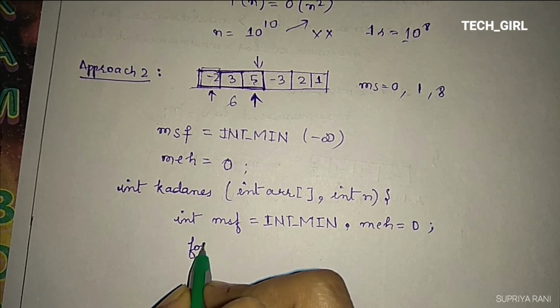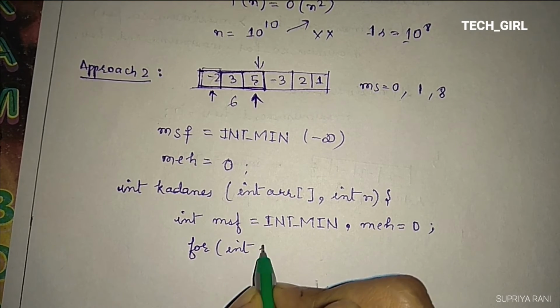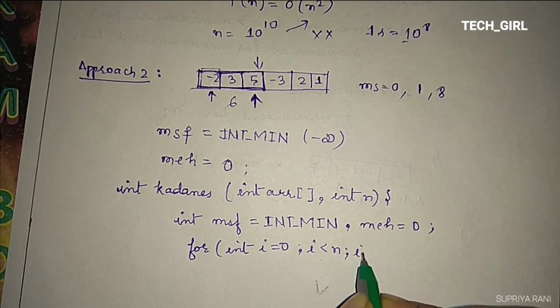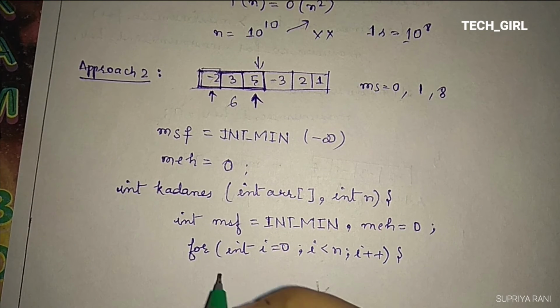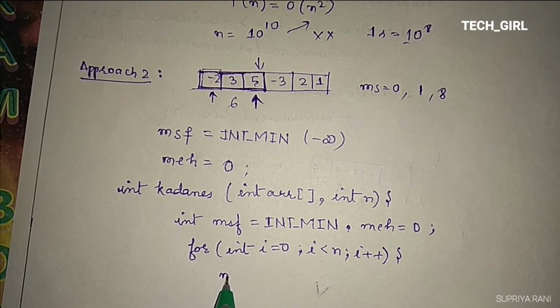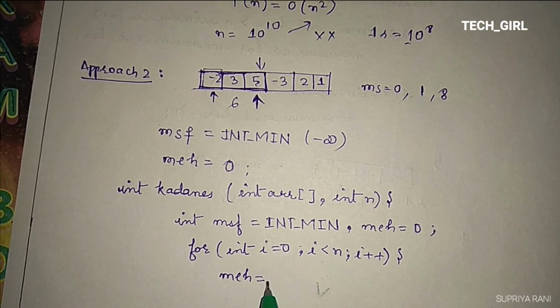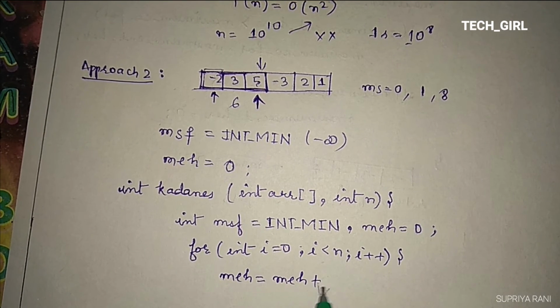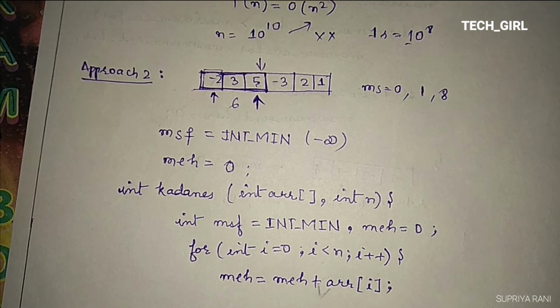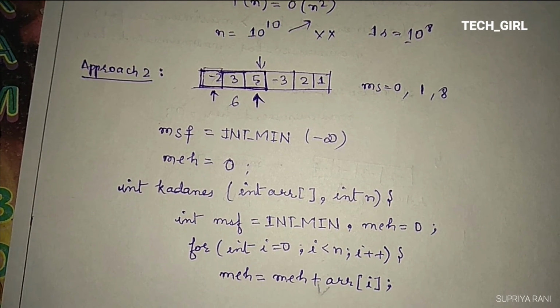Now I will run a loop, and I'll check for every ith index. So for every ith index, firstly I'll calculate the maximum ending here. You will all agree with this.